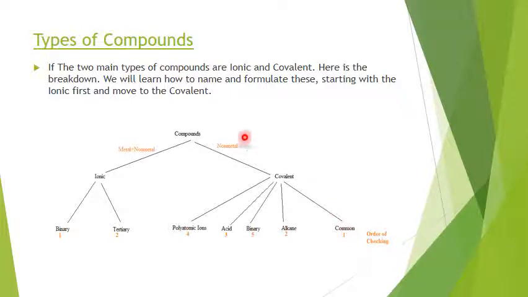But once you've decided it's a covalent, it's got to be one of these 5 categories, and you have to memorize it. You will not be figuring these out. You'll have to say, oh, I recognize something about it that tells me that it's an alkane. I recognize something about the compound that tells me it's a polyatomic ion.